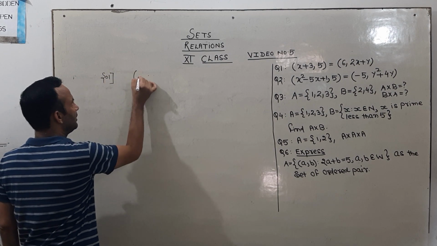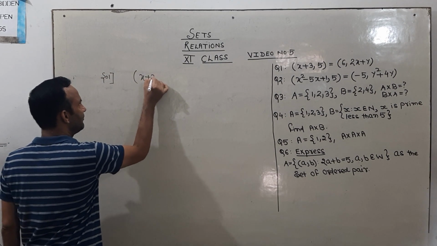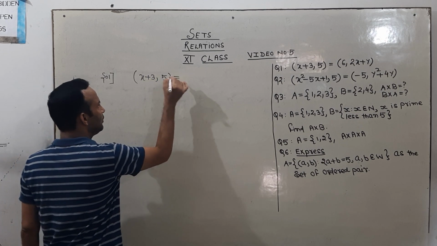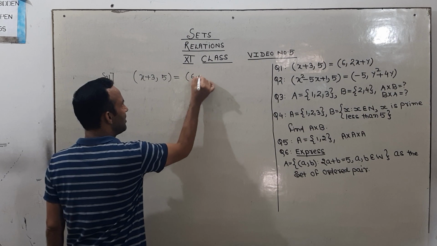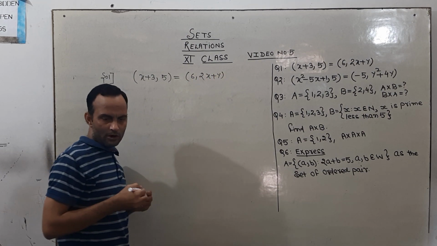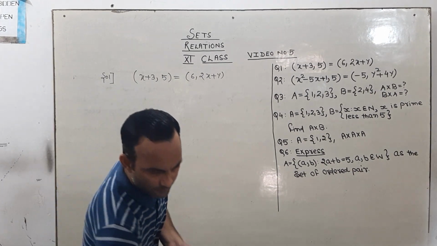What is given? x plus 3 comma 5 is equal to 6 comma 2x plus 1. These two ordered pairs are equal to each other.